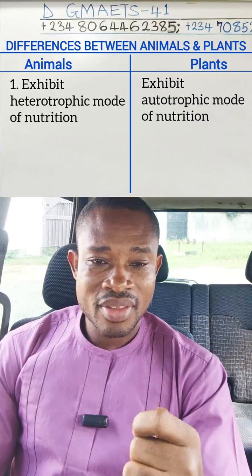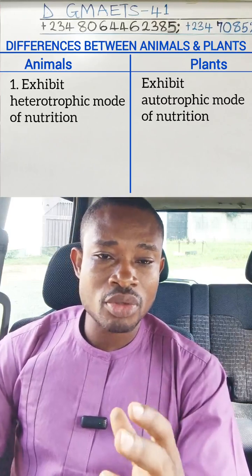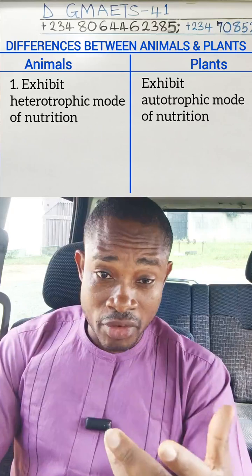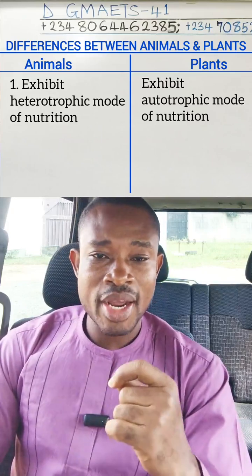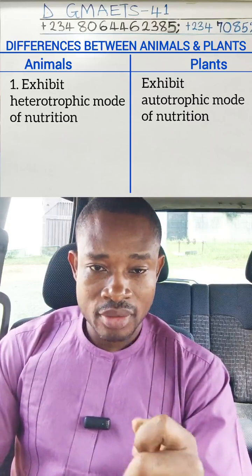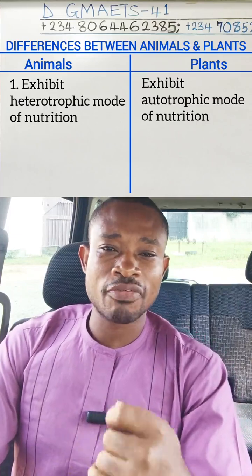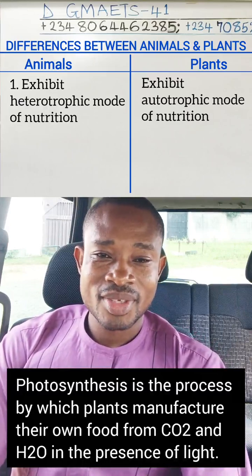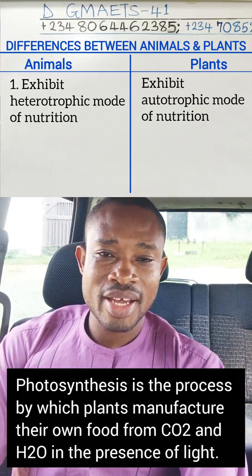It means that the organisms cannot produce their own food. Rather, they depend on other organisms for their food. So animals, they are heterotrophic, while plants are autotrophic. By autotrophic, we mean that they can manufacture their own food. Is that okay? Good. So plants are autotrophic organisms, while animals are heterotrophic.